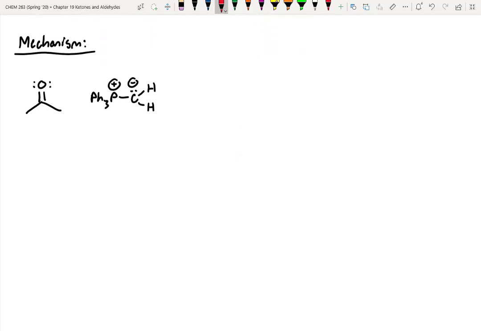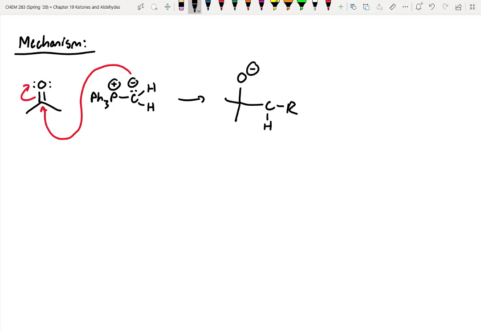As you can imagine, the carbon with the negative charge is going to want to attack the carbonyl just like the other carbon nucleophiles did, and we'll kick electrons up to the oxygen. All right, so we've got the carbon that attacked in, but that carbon also has that phosphorus with 3 phenyl groups coming off of it, and that phosphorus still has a positive charge.